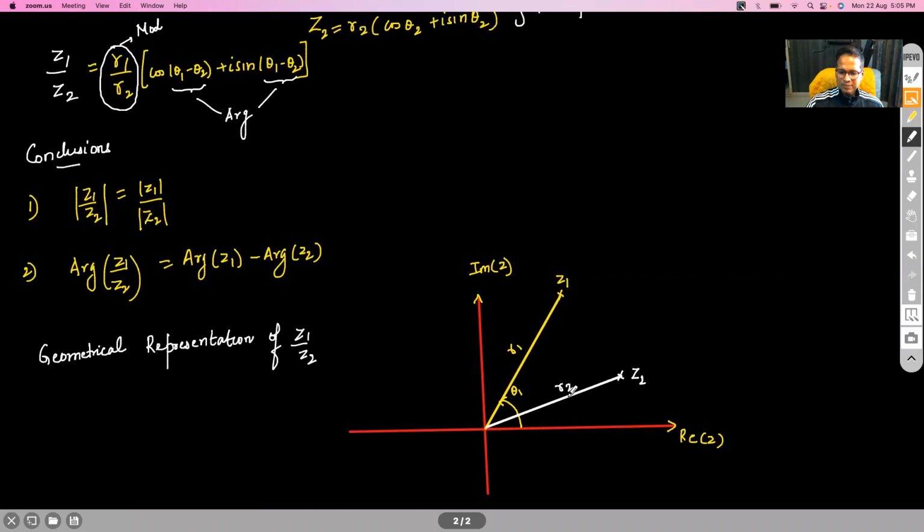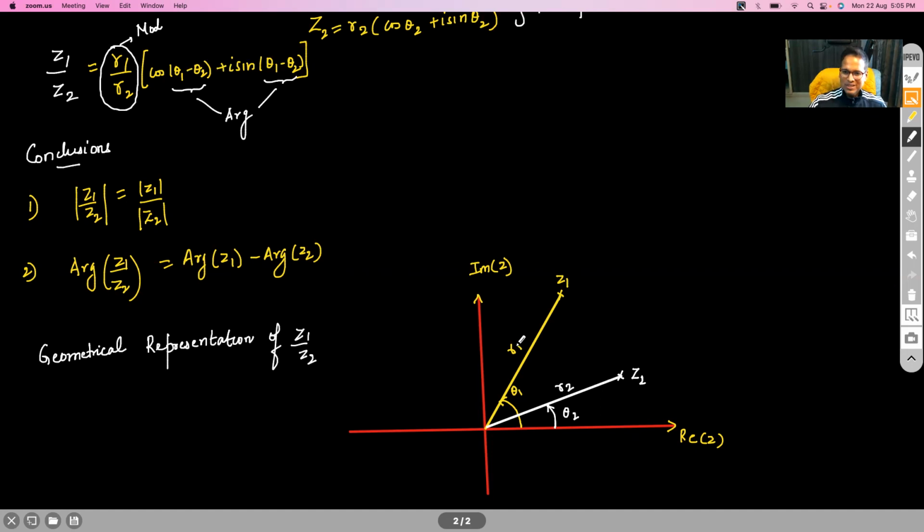And this angle here is theta 2. Now, I have to locate such a point on this Argand plane, which is at a distance of R1 divided by R2, and which is at an angle, or at an argument, of theta 1 minus theta 2.